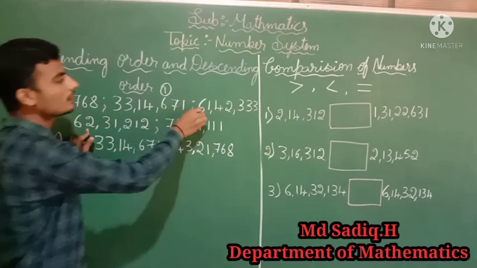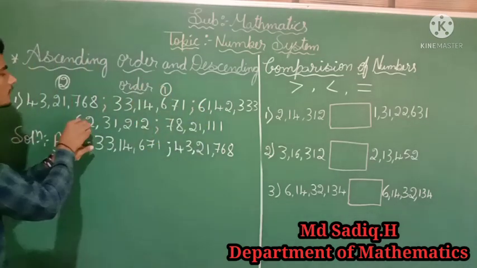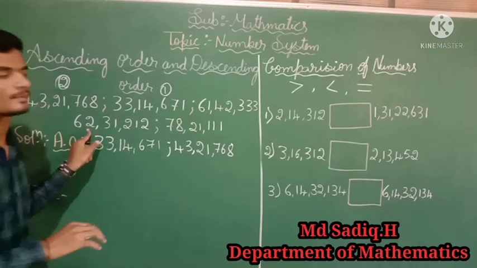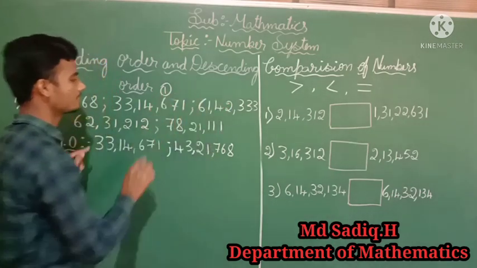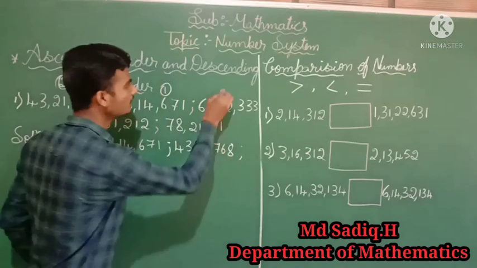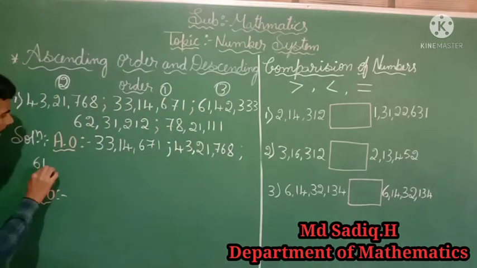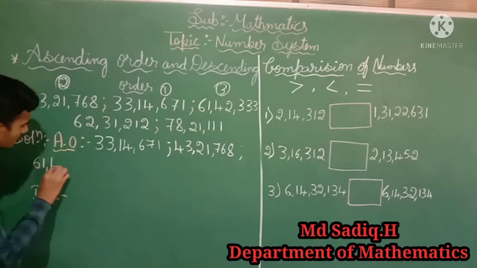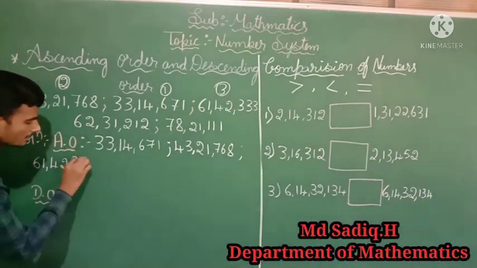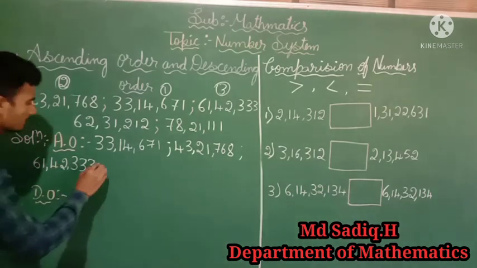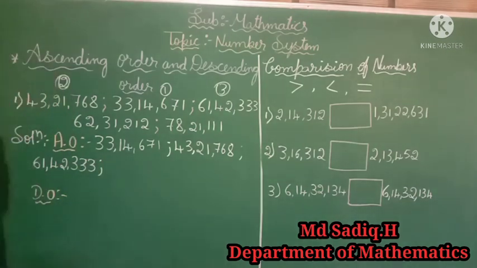Now is 61 lakh greater or 62 lakh greater? 62 lakh is greater, 61 is smaller, so you write this first. After this, the third number is 61 lakh 42,333. This is the third smallest number.